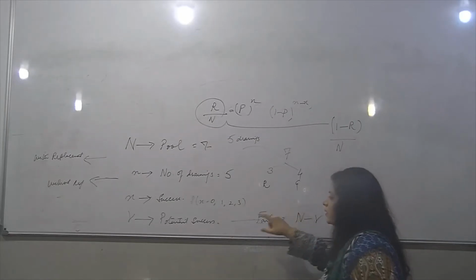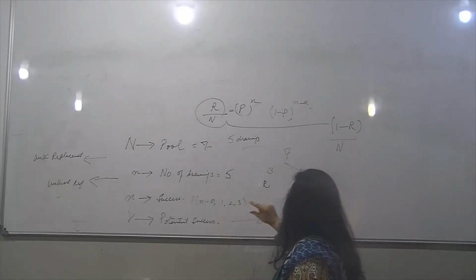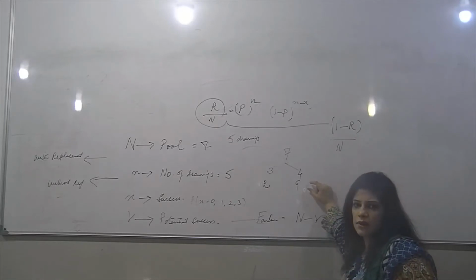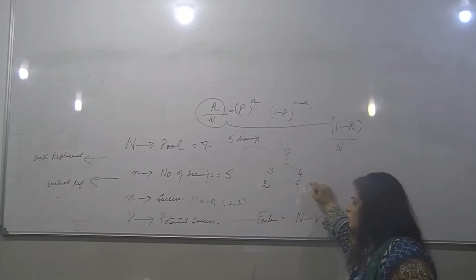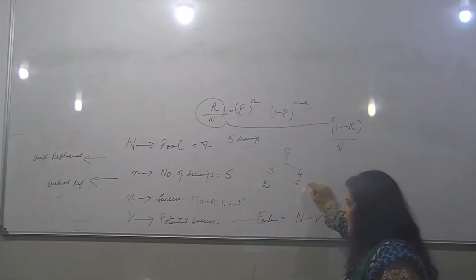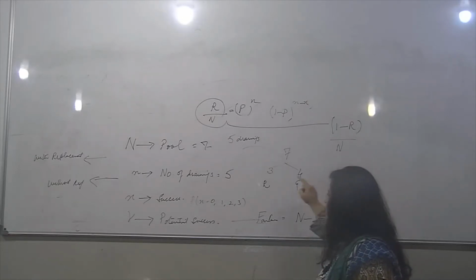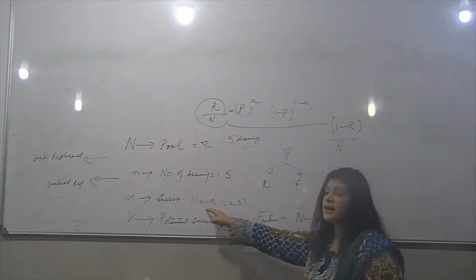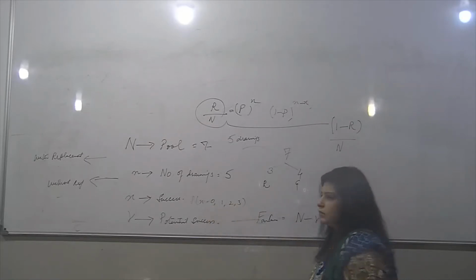Now sometimes I say potential success could be, if I have the number of balls in this case as 4. Can I have, out of the 5 drawings, the potential success of x equal to the probability that x is equal to 0?